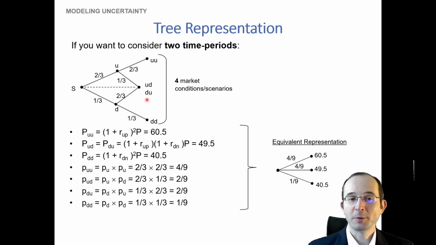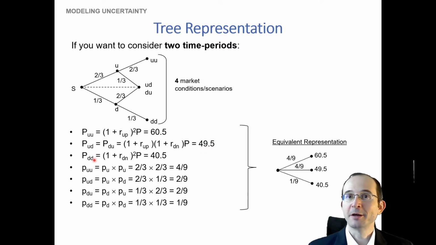Now, the payoff that we would get in states UD or DU is actually the same because the order of multiplication just doesn't really matter. We can multiply by 1 plus 10% and then by 1 minus 10%, or by 1 minus 10% and then 1 plus 10%. But in both cases, multiplying our original value of 50 by that will get us to a final payoff of 49.5.